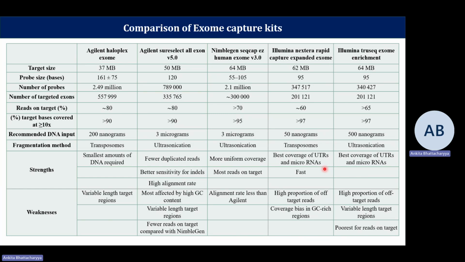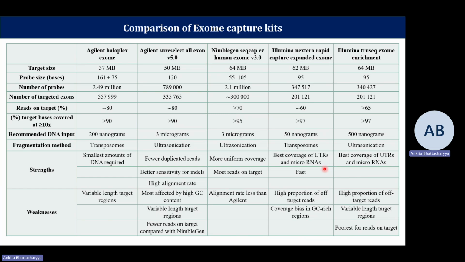Apart from that, the strategy which is used for fragmentation can also vary. And like you can see, for each company, they have at least one strategy which uses an enzymatic method. But what is usually more reliable is the use of ultrasonicators for shearing purposes.